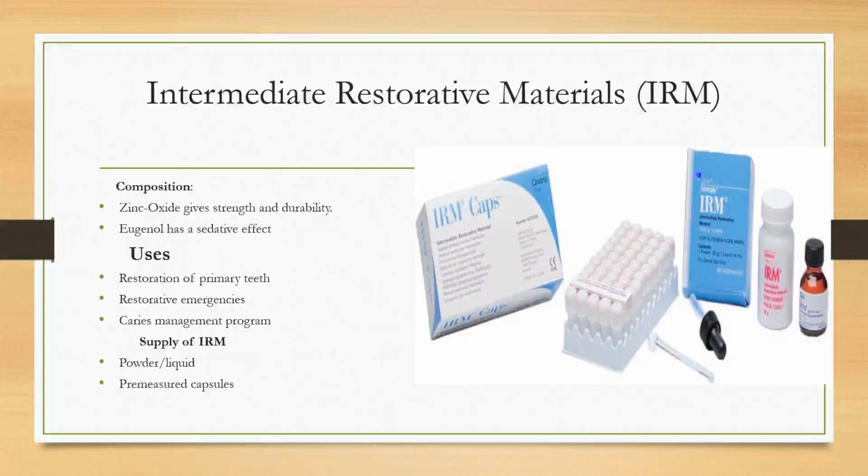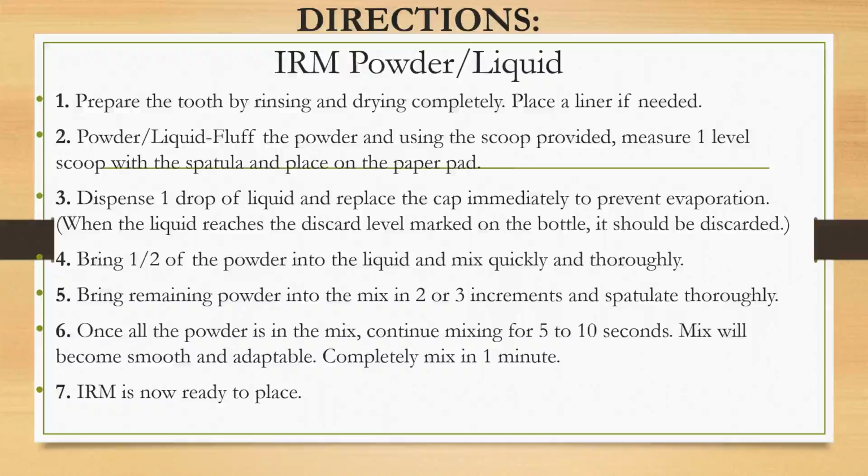For the powder, you really have to know how to mix it. Instructions: it's almost the same as the way you mix GIC. So 1 drop of liquid to one scoop of powder, and then you mix. You have to really mix faster, almost 1 minute, and then it's now ready to be placed in the patient's mouth.